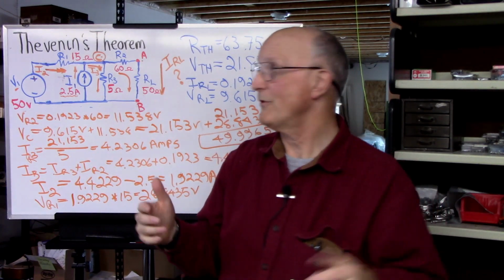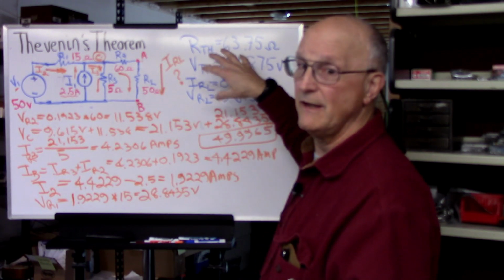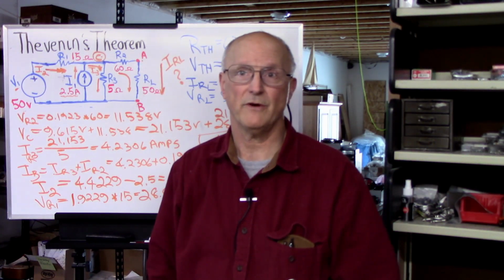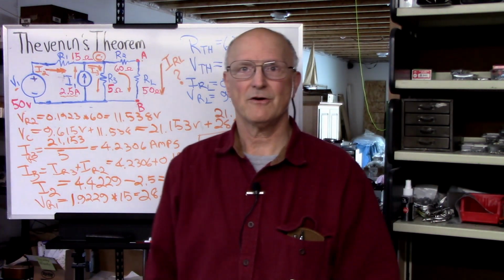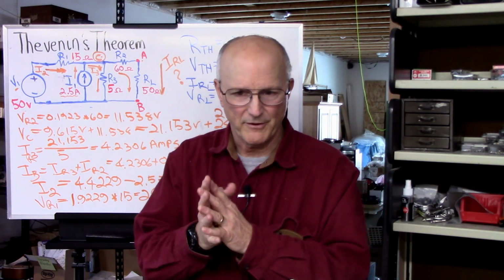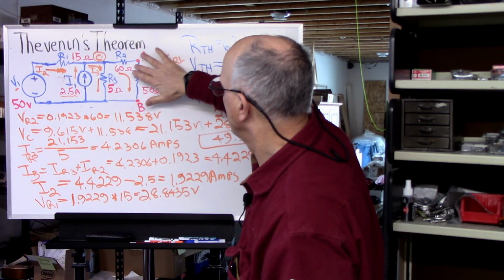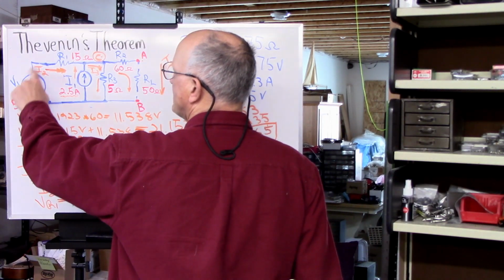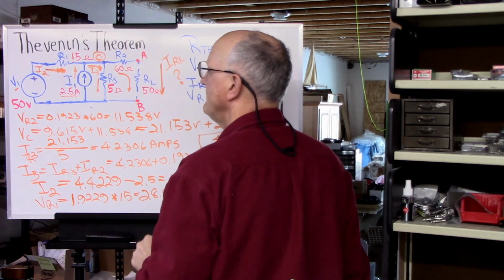And like I said before, the good news is that RL can represent anything out here, and this can be applied time and time again, slicing up a circuit along the way. So there's the mess, along with all of the checking and moving back through it. Remember, the first step is you disconnect RL here. Then you replace your voltage sources with a short and your current sources with an open.